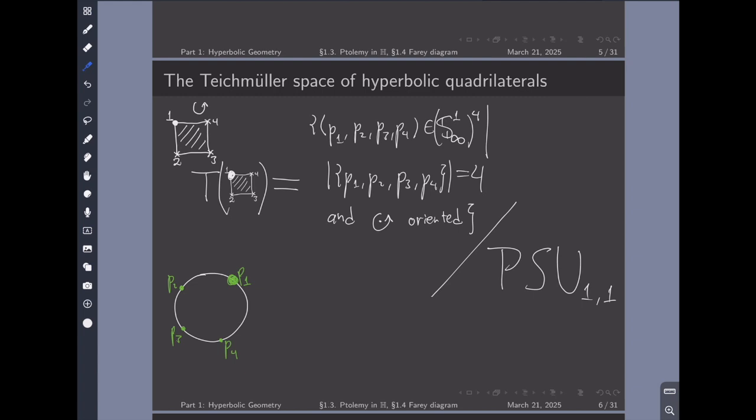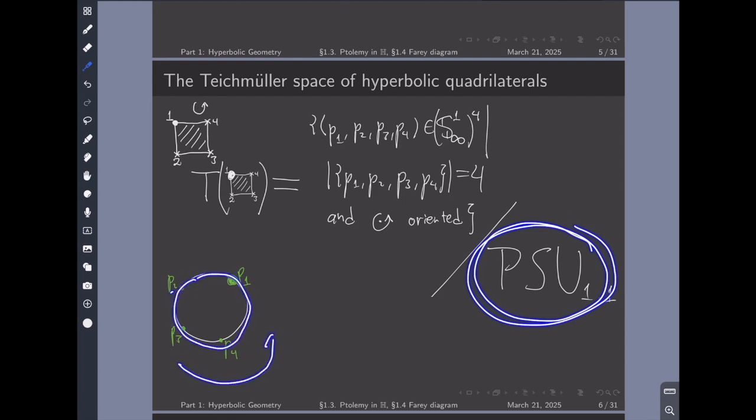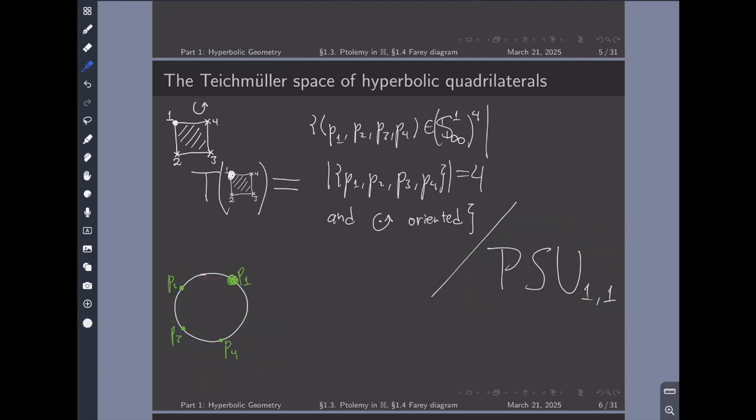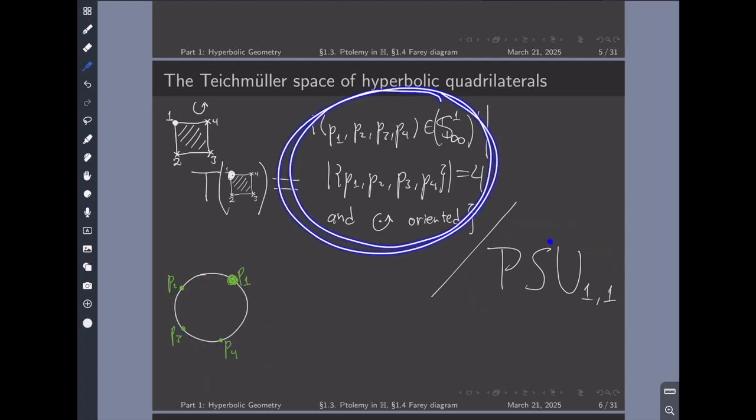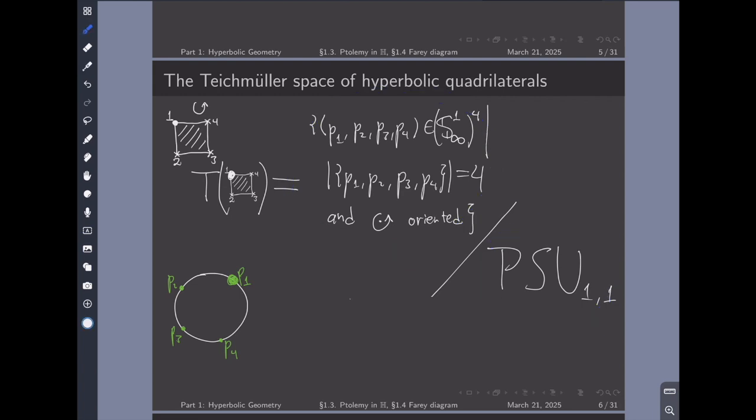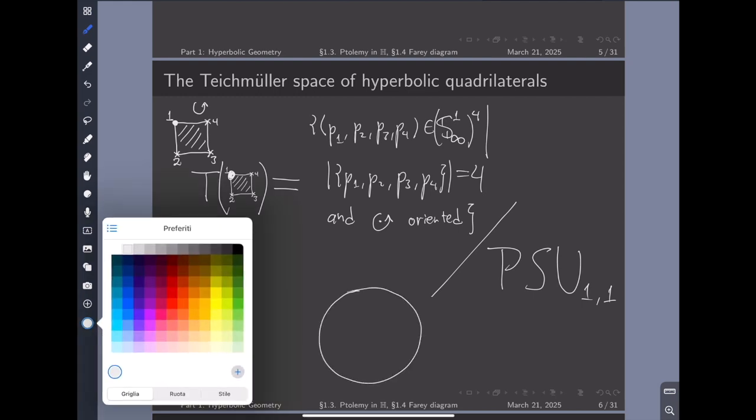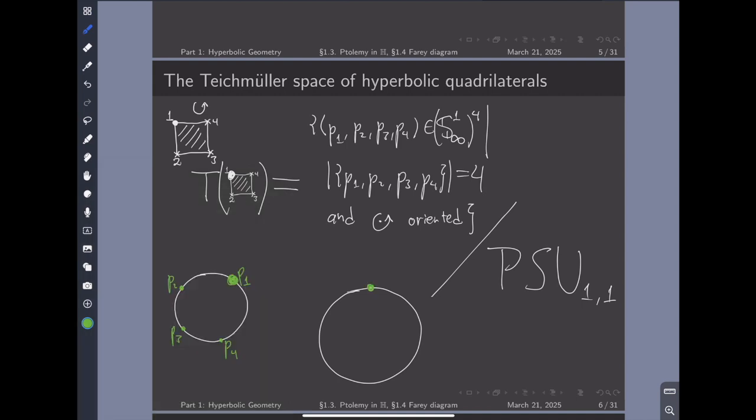Okay, and then we started saying, because of the simple transitivity of the action of PSU(1,1) on ordered triples of points on the circle at infinity oriented counterclockwise, any point here is PSU(1,1) equivalent to a point, to a four-tuple where the first vertex is i. So where this one is the first vertex, the second one is -1.